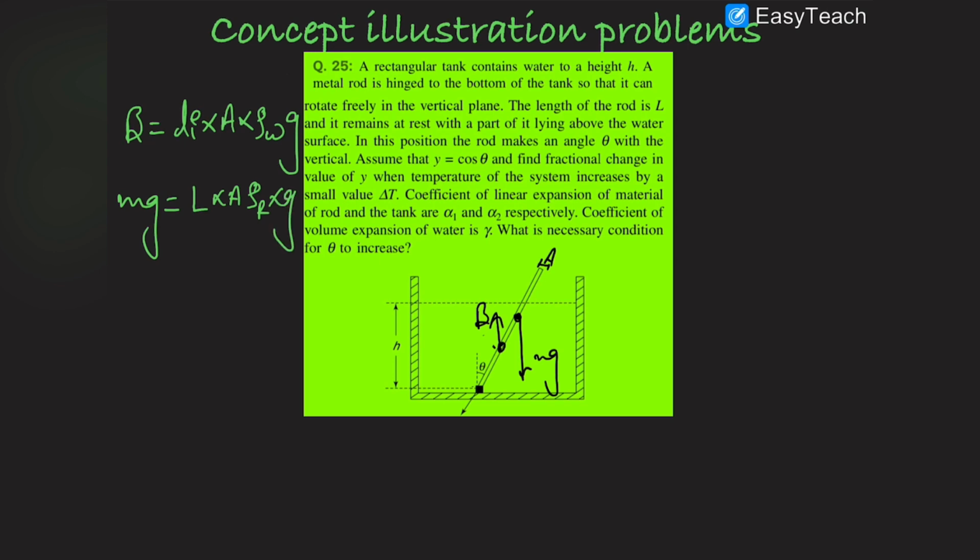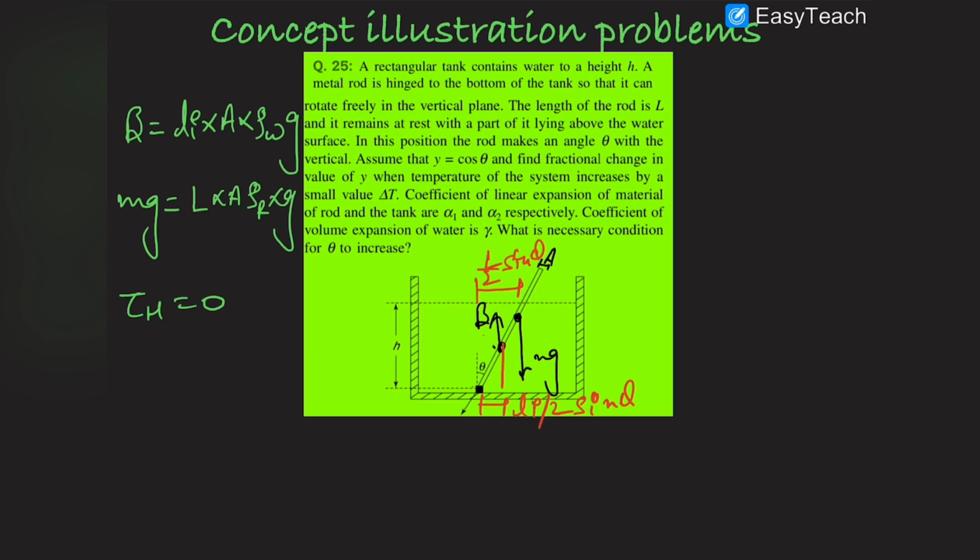Okay, so this is the mg and buoyancy. Now we are balancing the torque about the hinge to be 0. So we can see that this length will be equal to L immersed by 2 sine theta, and this length will be equal to L by 2 sine theta.